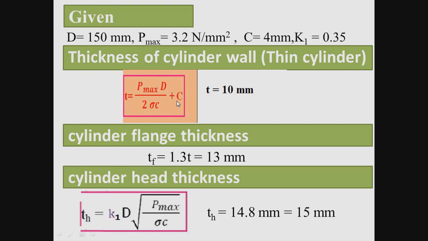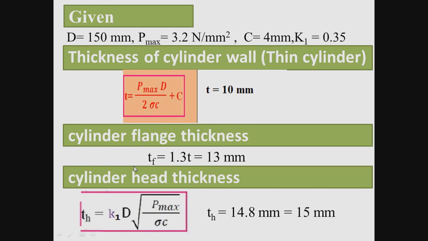So substitute sigma C is 40 plus C constant, it is 4 mm. Substitute all the values, so you will get T is equal to 10 mm. So thickness of the cylinder wall is T is equal to 10 mm.